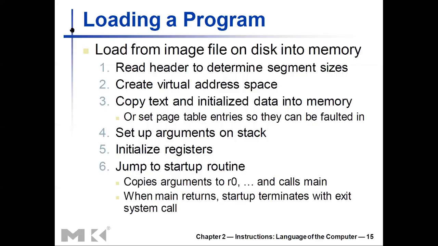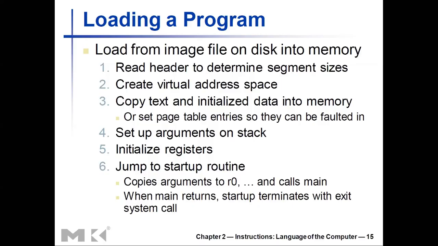Now these arguments are going to be set up on the stack when the program is loaded into memory. That is, when somebody executes the program, it gets loaded into memory, and the arguments have to be set up in the stack.